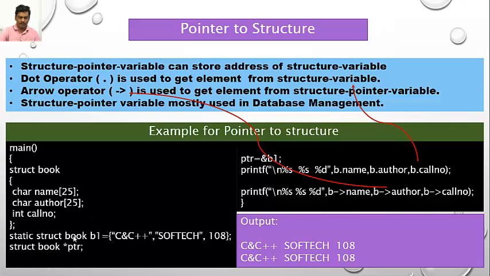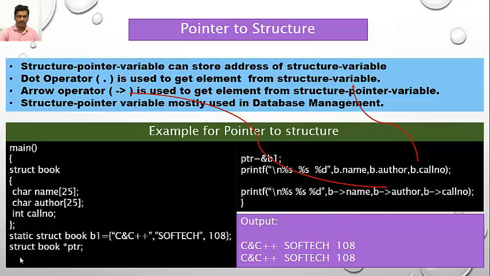In this statement we initialize at the time of declaration. Then struct book *ptr, where ptr is a user defined name, but *ptr is a structure pointer variable. If we want to declare an integer pointer variable, we write int *k.